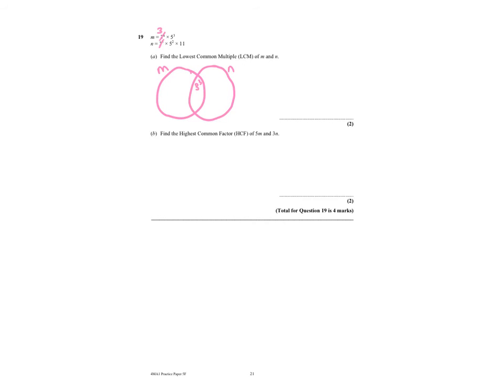My next highest common factor is 5 squared. If I take that from N, I'm left with just 5. And then I have 11 left over in N and a 3 and a 5 left over in M. So now I have 3 times 5 times 3 cubed times 5 squared times 11.